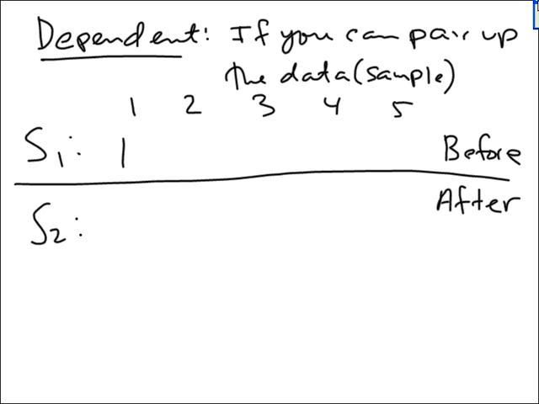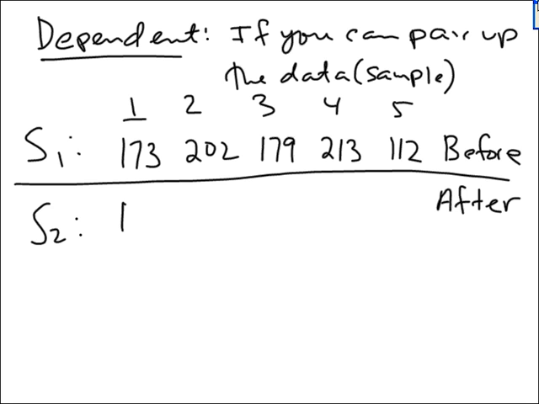Maybe the first person weighed 173 pounds, person 2, 202, person 3, 179, 213, and 112 pounds. Now you have the after. Person 1, after 3 months of being on the diet, she weighs 161 pounds.